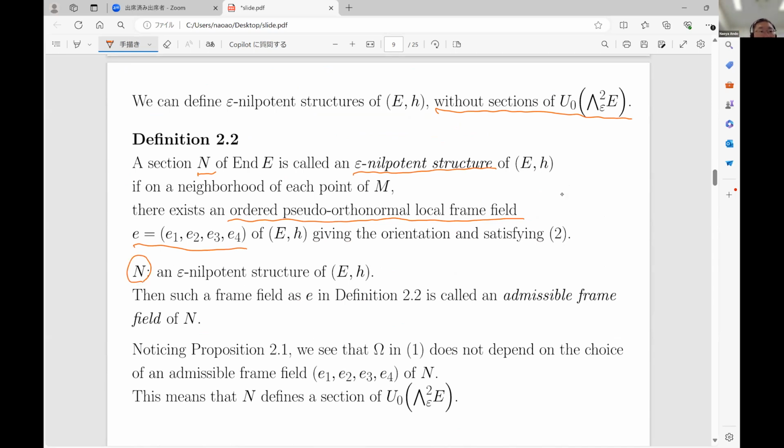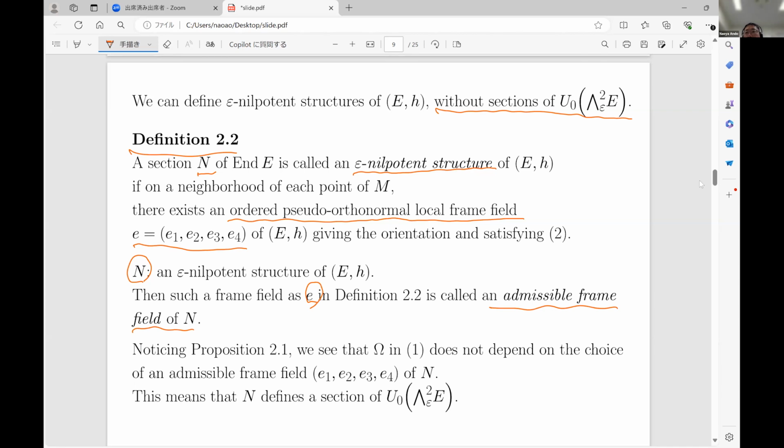Let large N be an epsilon nilpotent structure of EH. Then such a frame field as E in definition 2 is called an admissible frame field of N.